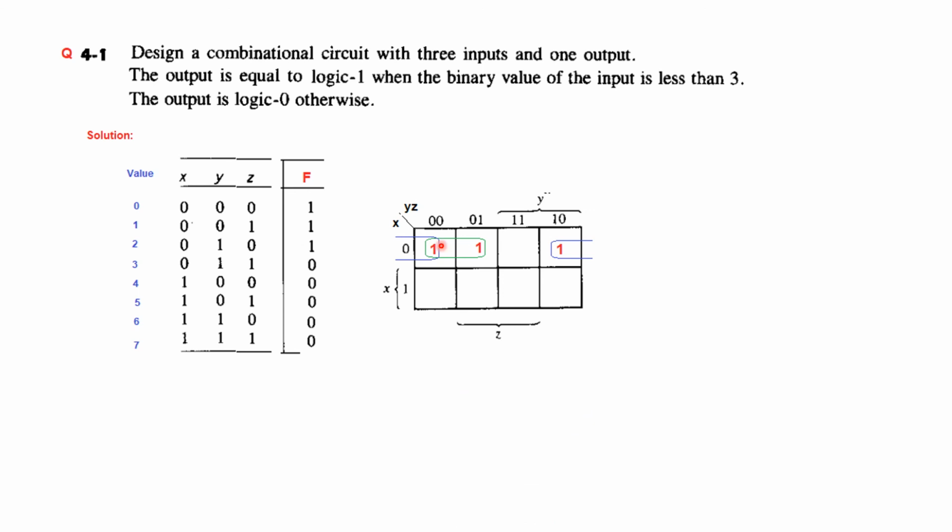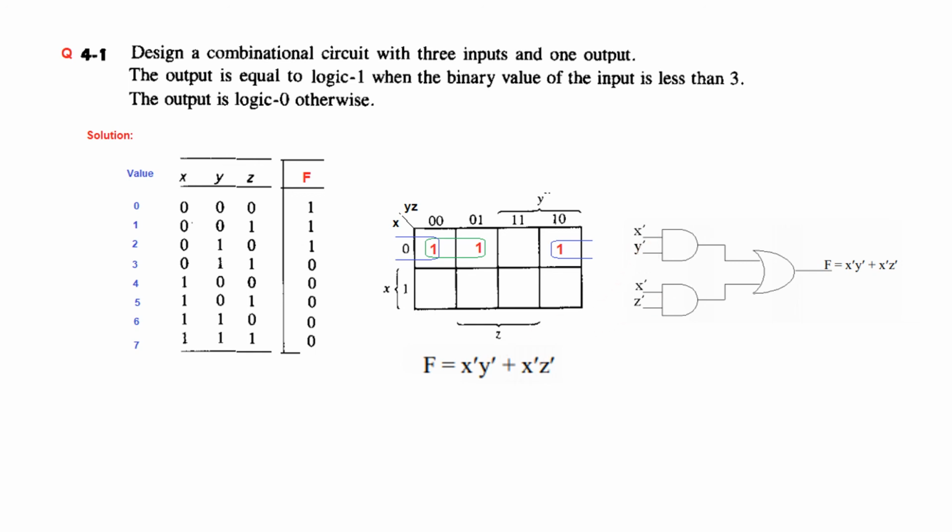You can see these two could be paired, and this one could be paired, so our equation will be as shown here: x dash y dash plus x dash z dash, and we can implement it with a very simple circuit, 2 AND gates and 1 OR gate, and these are the inputs from here.